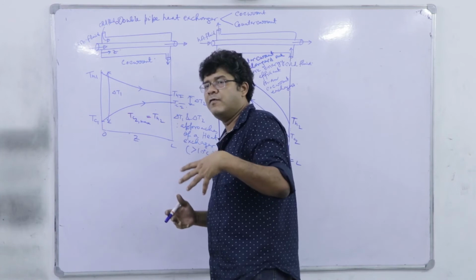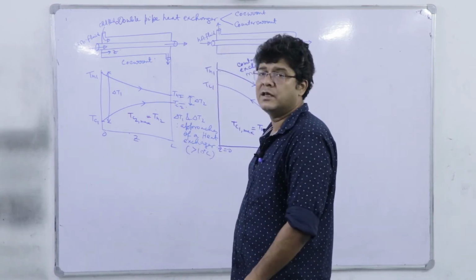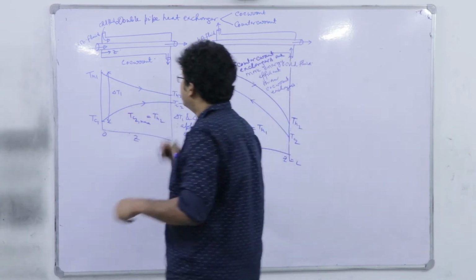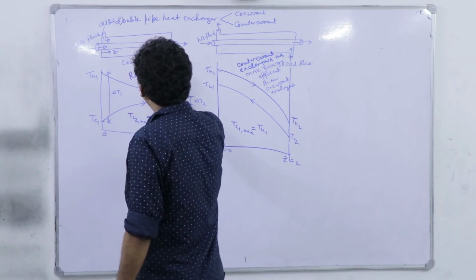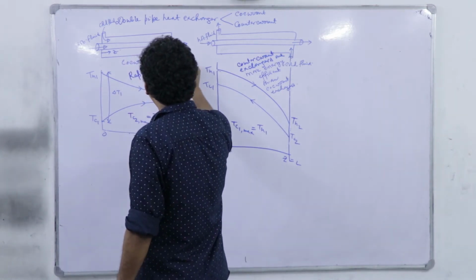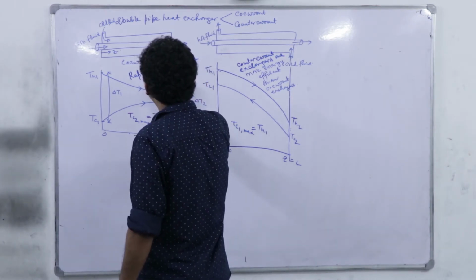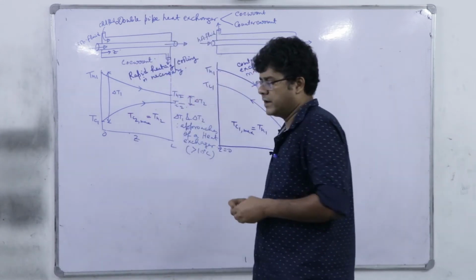So if you go for co-current exchanging, it will be the hot stream will be immediately quenched, right? And cold stream will be immediately heated. So if rapid heating or cooling is necessary, then we can go for co-current heat exchangers.